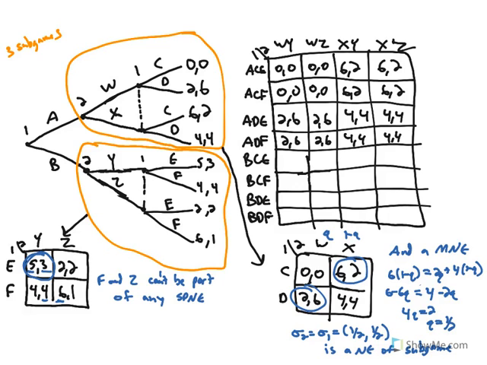And the bottom subgame, essentially, if player 1 plays B, right? If we end up at Y for player 2 and E for player 1, we get 5, 3. If we have Y and F, we end up at 4, 4.